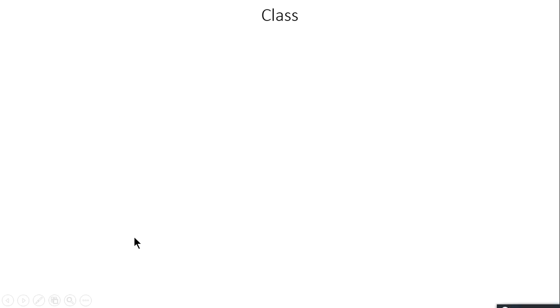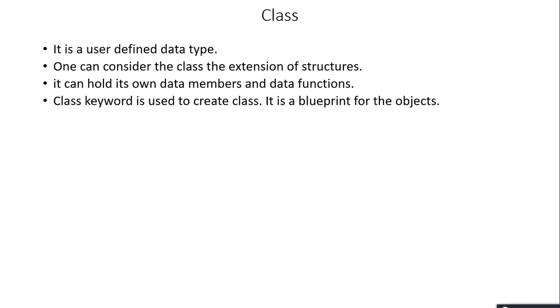So what is a class? Class is just an extension of structures. Same as structures, it is a user-defined data type, and you can consider the class as an extension of structures. Just like structures, classes can also hold variables that are data members, plus an extra added feature, functions. Your class can also have functions.